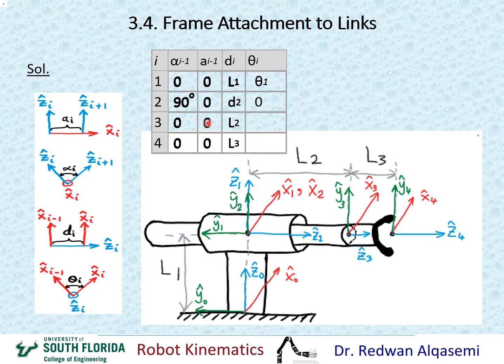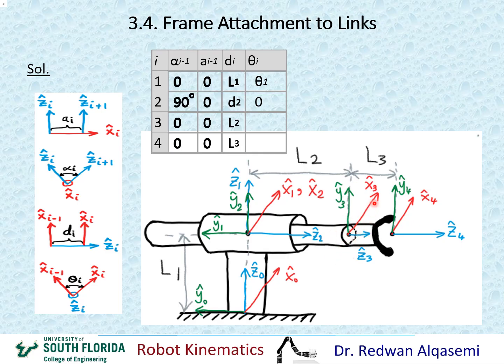Now when i equals 3, I'm looking at theta i, which is theta 3. So for theta 3, I'll be looking at x2 and x3 about z3. This is x2 right here, and this is x3 right here, and the angle between them about z3. Alright, so the way they look right now, they look like the same direction, but as soon as I start moving the third joint, it's a revolute joint, frame 3 will move and rotate with the joint.